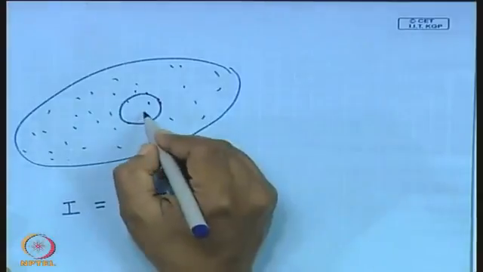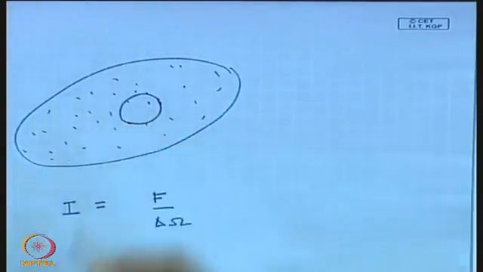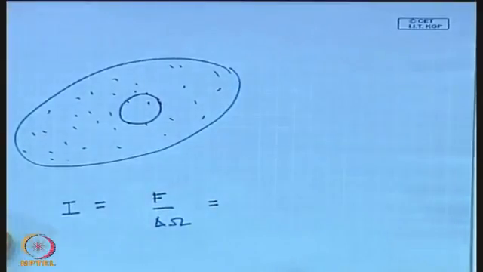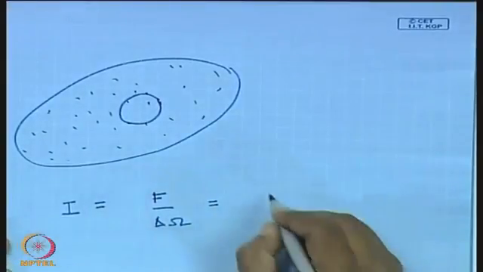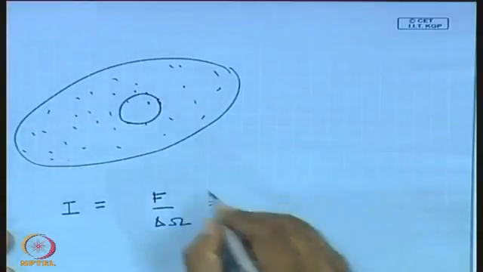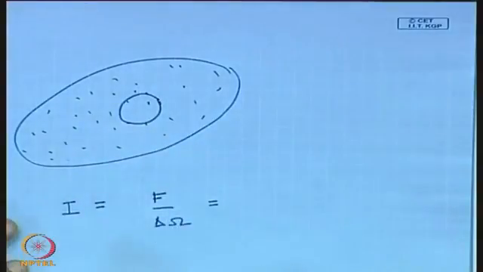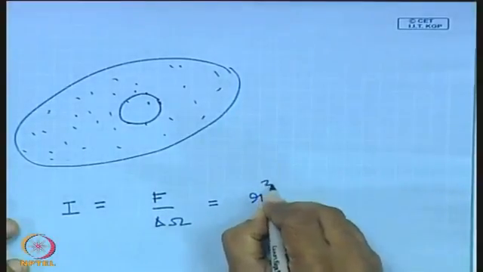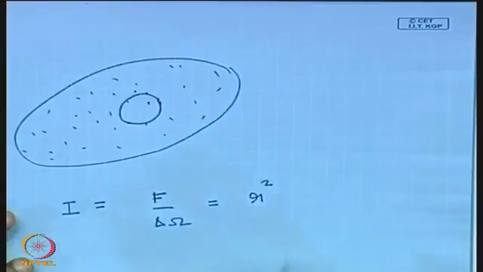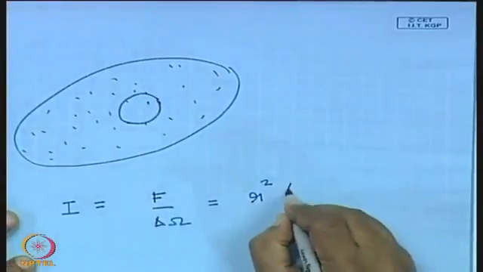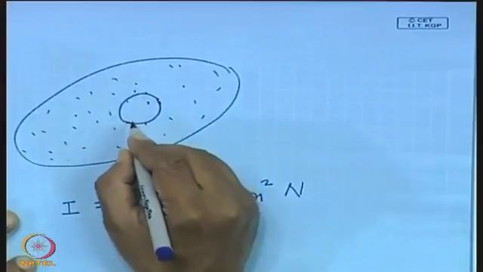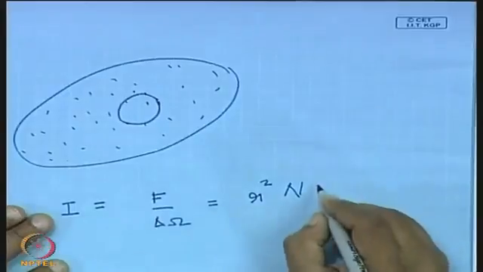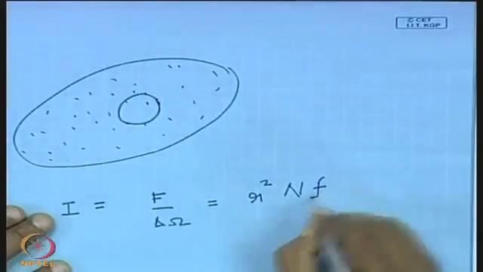And the flux from this region will be equal to the area subtended by this solid angle into r square. So, it will essentially be equal to r square times the number density of stars per unit area, into the flux from individual stars, let us call that f.